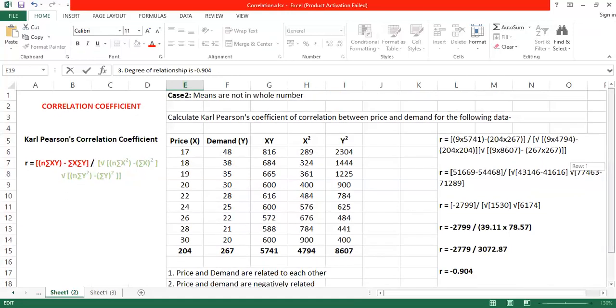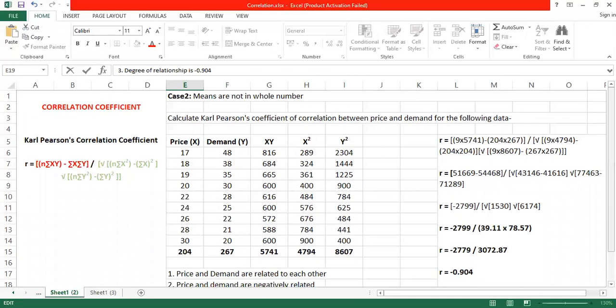So see, actually, since I was aware that the mean of price and mean of demand will not come in whole number, that is why I directly jumped into this formula, right? Actually, we should have checked first, right, whether it is coming in whole number or not.